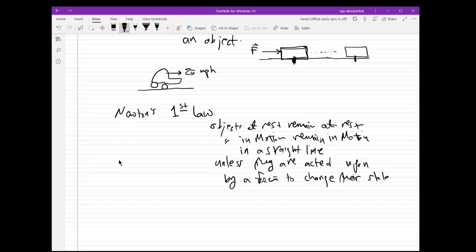That's Newton's first law. It's called the law of inertia.